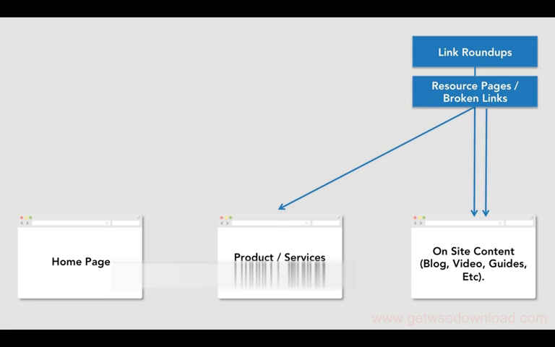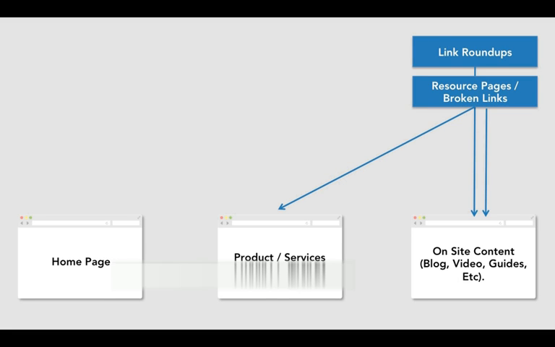With that being said, if you do have a SaaS or a product, sometimes you can get resource pages and broken links to your product and services page. For example, let's say you have a WordPress plugin that helps with changing the color of fonts.